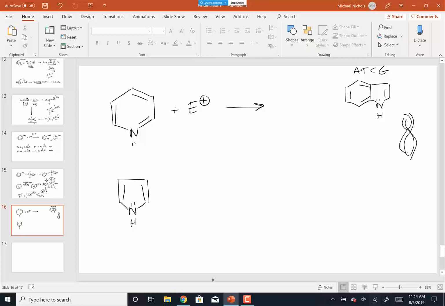They're also sometimes called the base pairs. So, when you start putting nitrogen into aromatic rings, you start making the basics of DNA so that you can hydrogen bond those together to hold the double helix together.